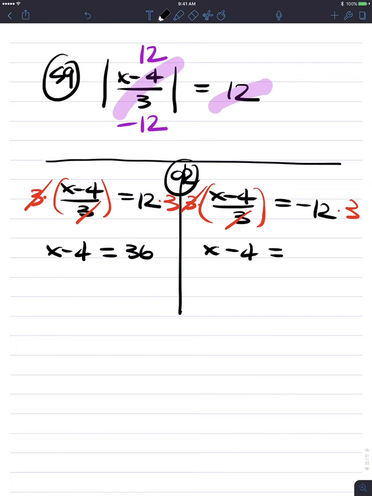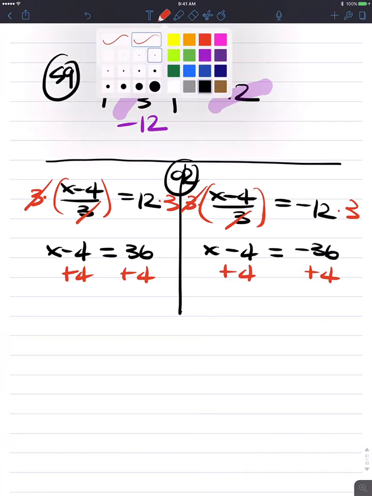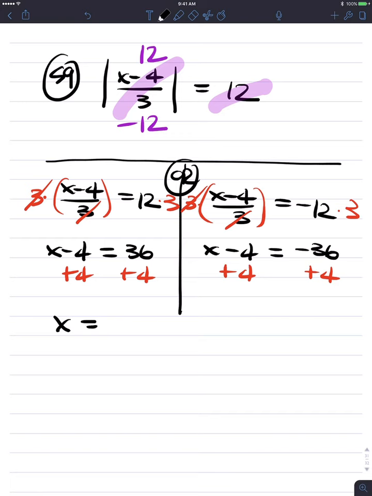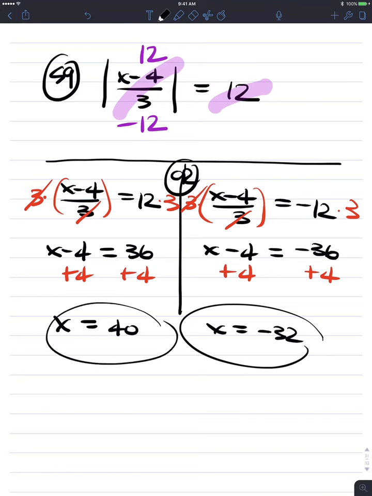X minus 4 on the left is negative 36, because that's negative 12 times 3. We're going to add now 4 to both sides. X is 40, or x is negative 32. These are my solutions: 40 and negative 32.